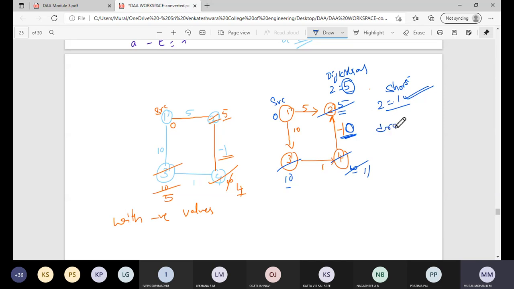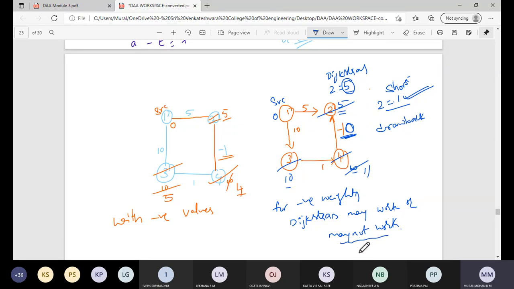So this is a drawback, one drawback we have with Dijkstra's algorithm. We can come to a conclusion that for negative weights, Dijkstra's algorithm may work or may not work.